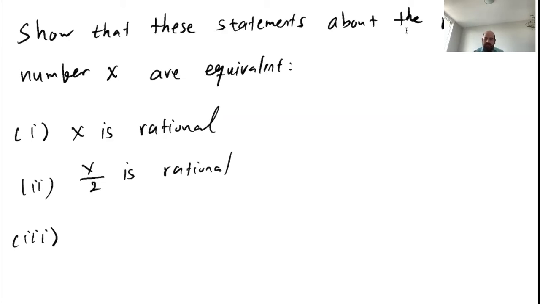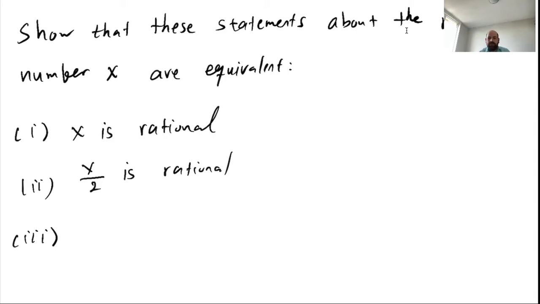So just by dividing both sides by 2, we can observe that x over 2 is also of the form a over b, let's say a prime over b prime now, where the numerator a prime is same as a, denominator b prime is 2b, and numerator and denominator are both integers, right?